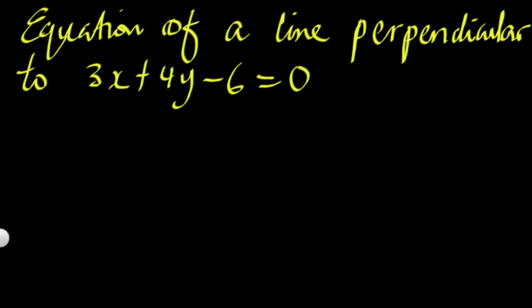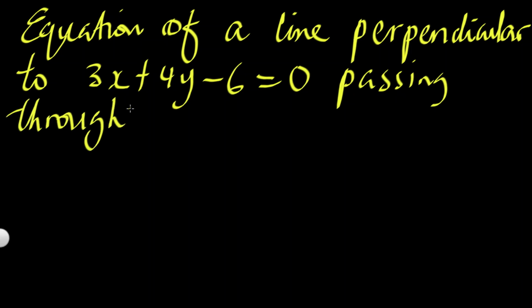We want to find the equation of a line that is perpendicular to this line here, passing through the point (-2, -2).